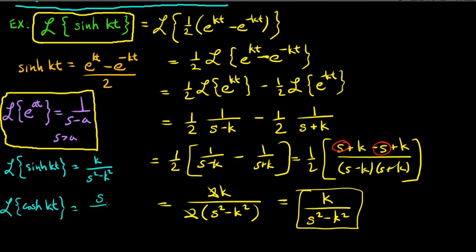And that's going to be s over s squared minus k squared. Okay. Yeah, in fact, very similar to the sine and cosine. The sine and cosine are the denominator is s squared plus k squared. So yeah, that's the only difference there.